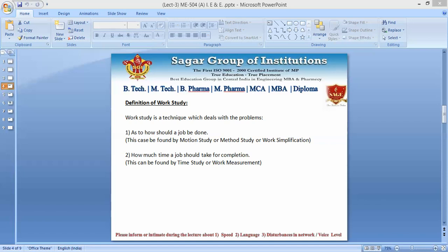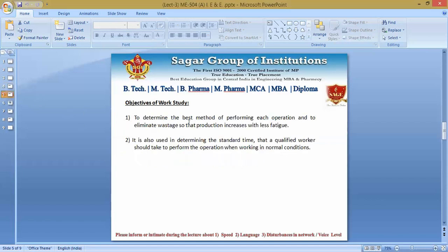Sometimes it is also called method study or work simplification. And the next part is the measurement part, how much time a job should take for completion. And this refers to time study or work measurement. I told you the same in the first lecture also.